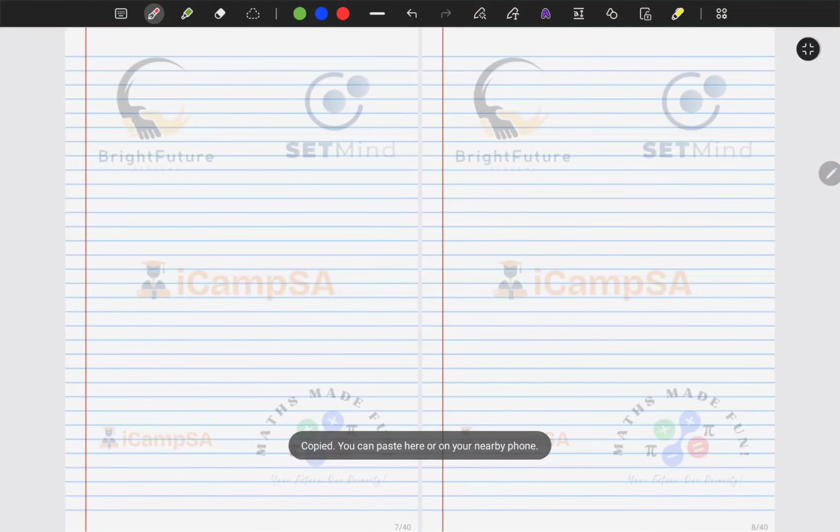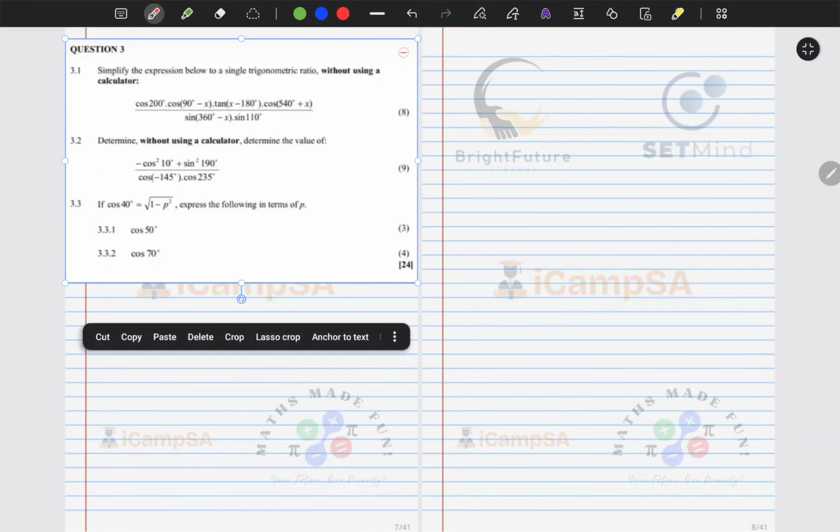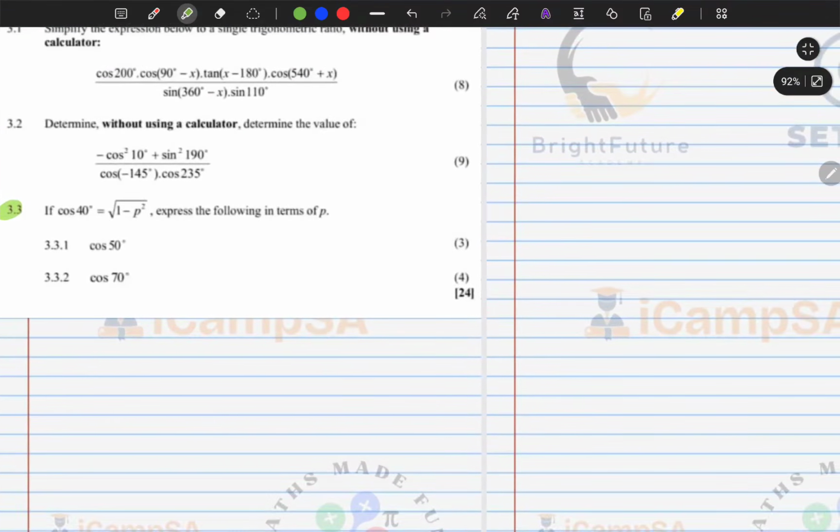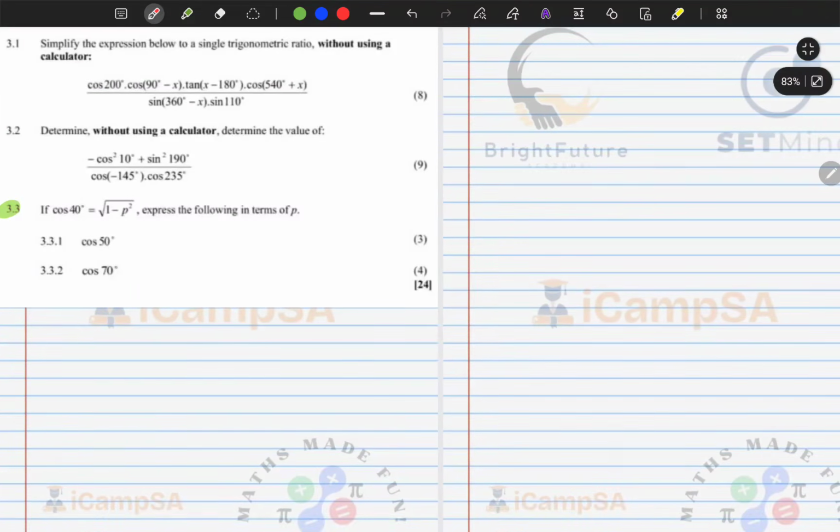3.3. So we're here now. So let's go ahead and deal with this question. So with 3.3, what we are given is that we have cos of 40 degrees equaling square root of 1 minus p squared.